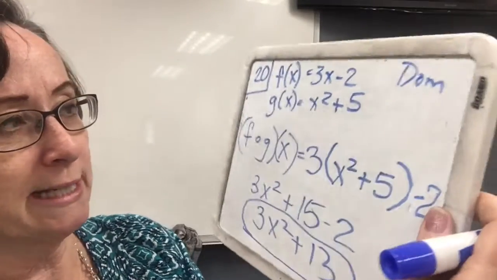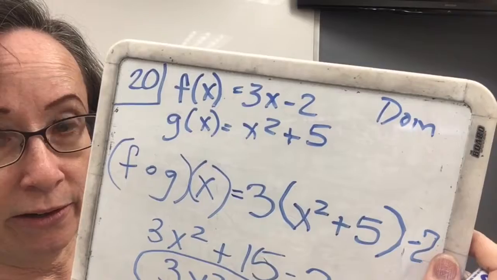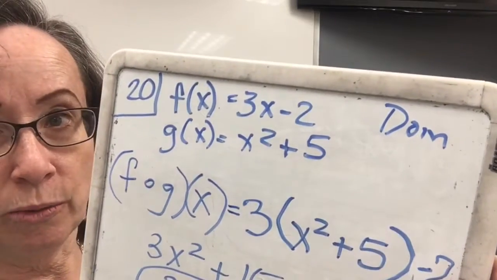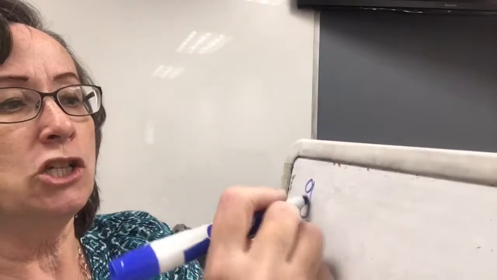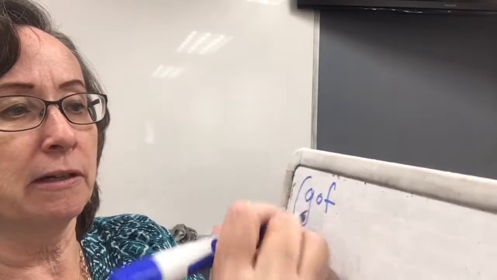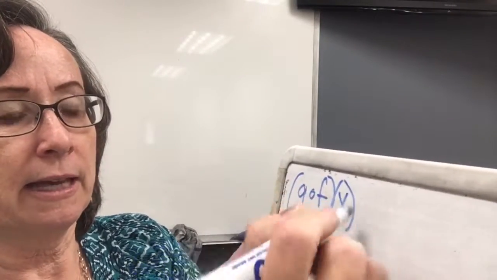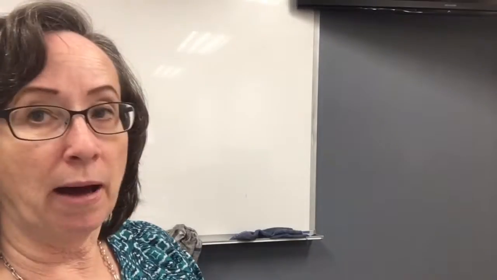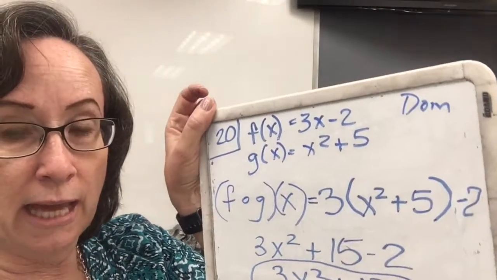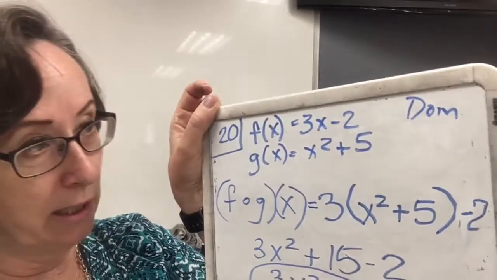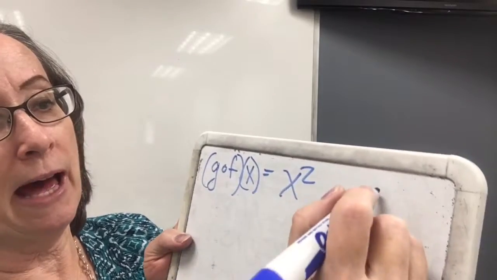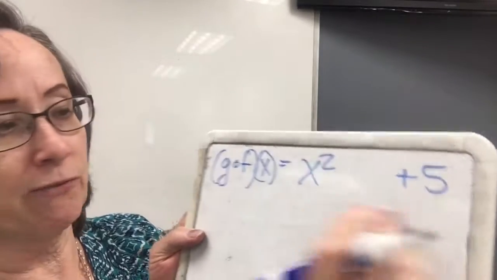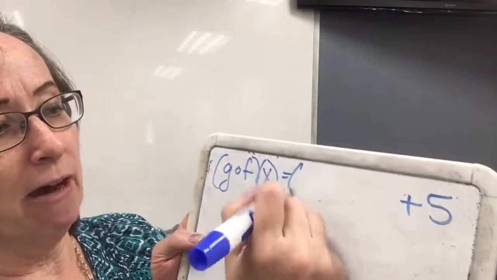So now we're going to take the same functions here, and we're going to do g composed with f. So g composed with f of x means that I'm going to take my g function as the base function, and that's x squared plus 5. I'll put my plus 5 way over here because I'm going to take out my x.